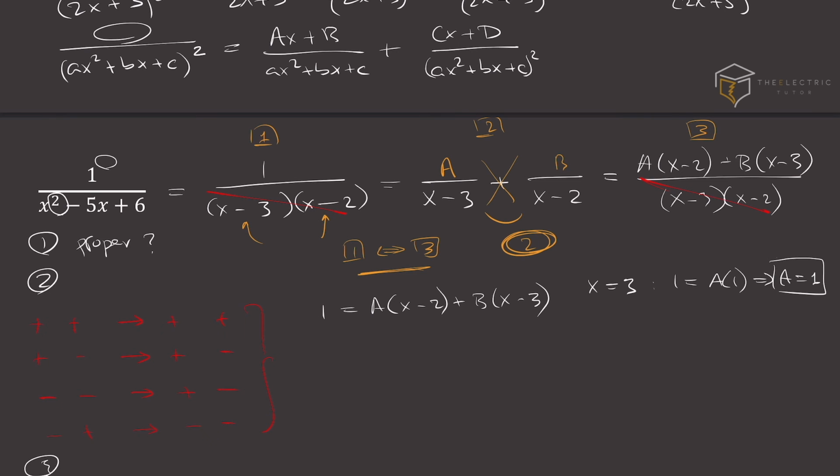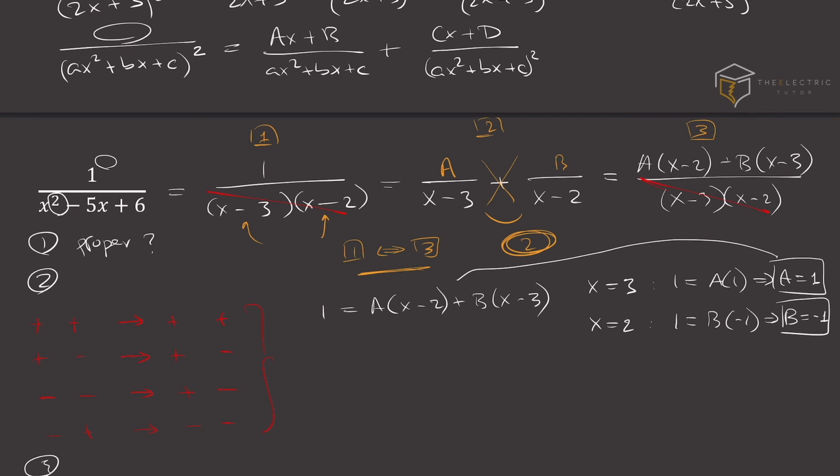And now with this value, I can substitute that into my equation and find b, or I can use another value for x, which is what I'm going to do. Let's say x equals 2. What happens there is that a gets canceled, and then I have b. 2 minus 3 is minus 1, which means that b must be equal to minus 1.